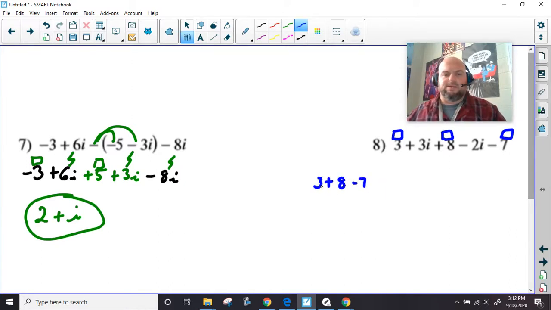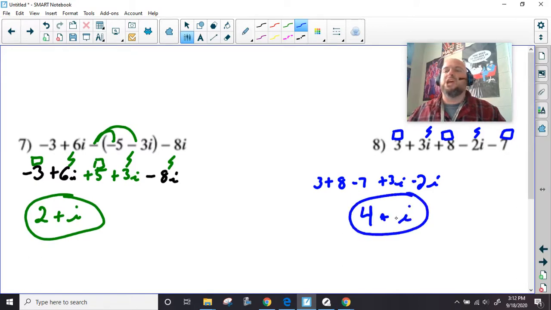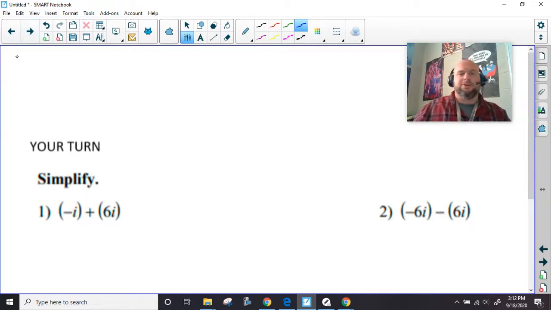All right, so I know I can say 8 plus 3 is 11 minus 7, so that gives 4. And you ready? Here comes the lightning bolts. So plus 3i minus 2i. Well, 3 minus 2 gives us 1i. Oh, Cyclops. Okay.